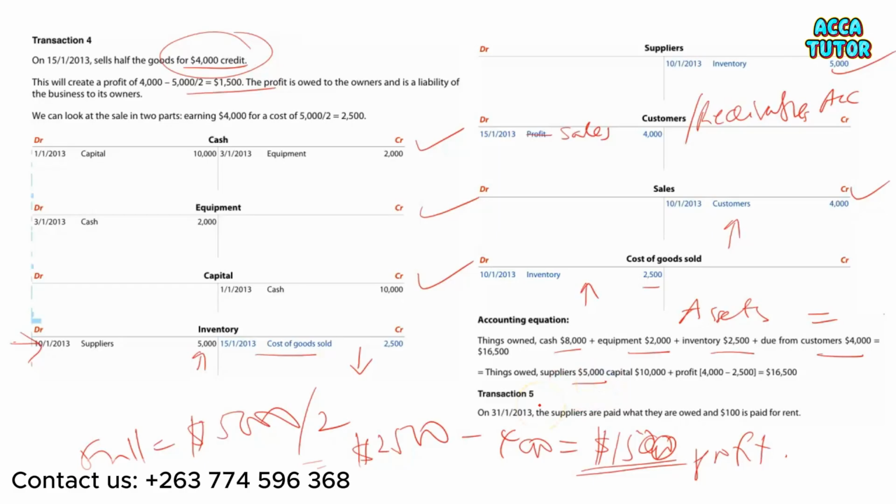Remember, the suppliers sold us goods on credit, so that was the liability, which is our L, plus capital 10,000, this is the C, plus profit. The profit here is 4,000 minus 2,500, which is 1,500. So 5 plus 10 plus 1.5 gives us 16,500. So that is the accounting equation, an act of putting it into practice.